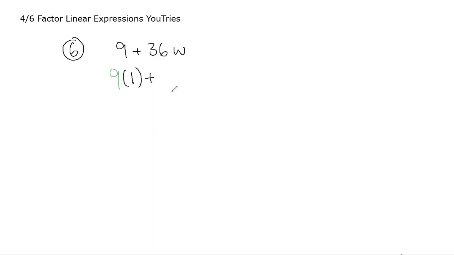That's why we're rewriting it, so that it's clear to us what should be left behind. 9 times what is 36? 9 times 4 is 36. We leave the w there because it's multiplication. Okay. 9 times 4 gets us 36, times w gets us 36w.